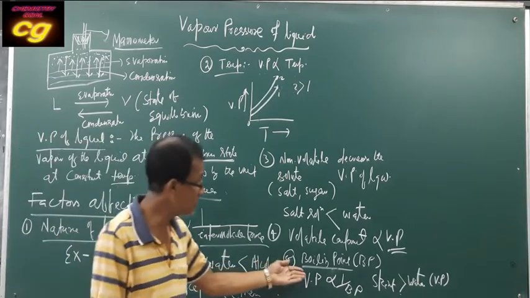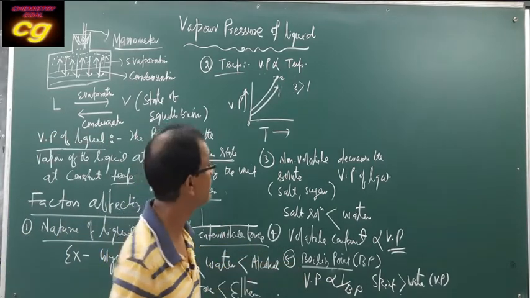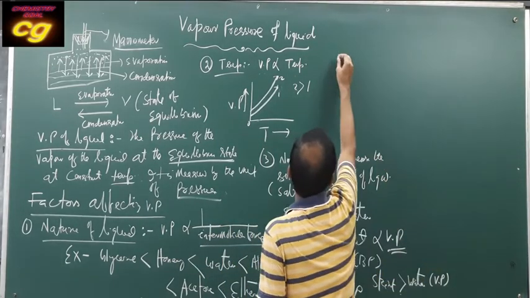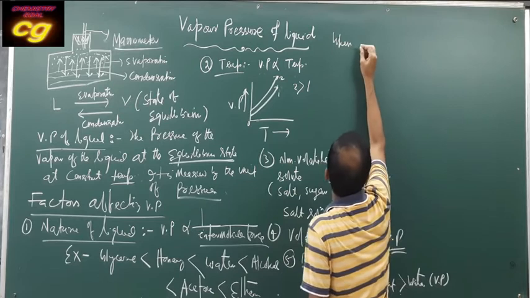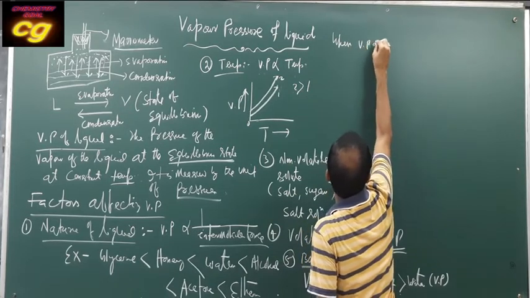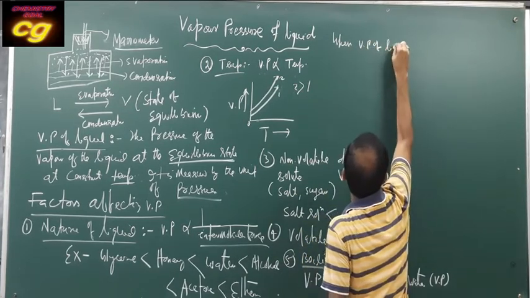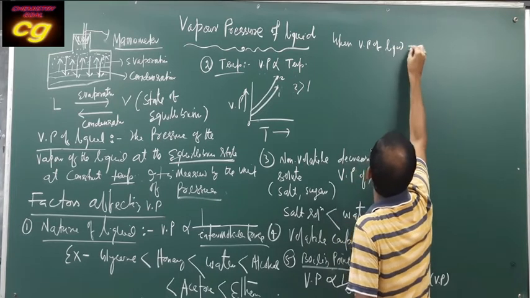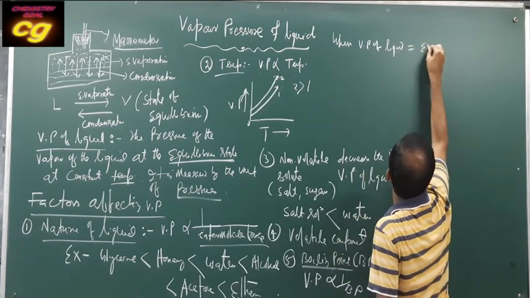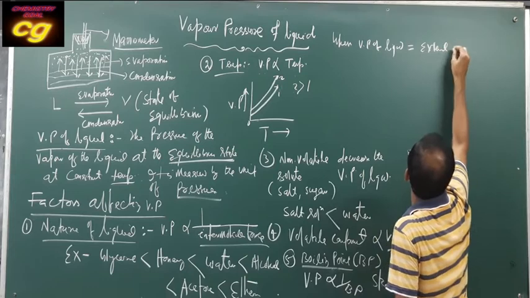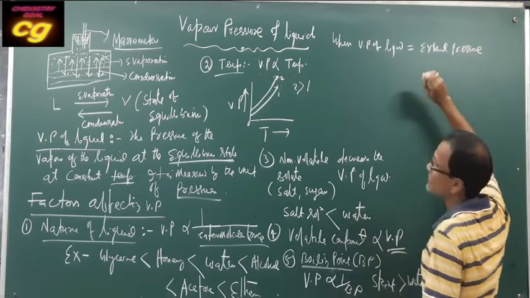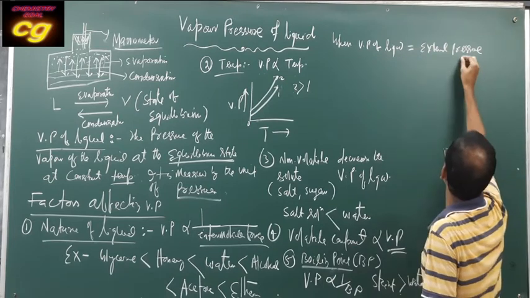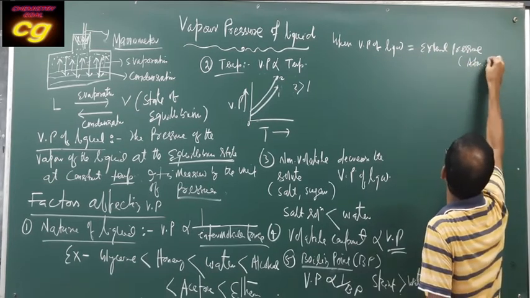But when we measure the boiling point, it is measured when the vapor pressure of the liquid is equal to external pressure. External pressure means atmospheric pressure.